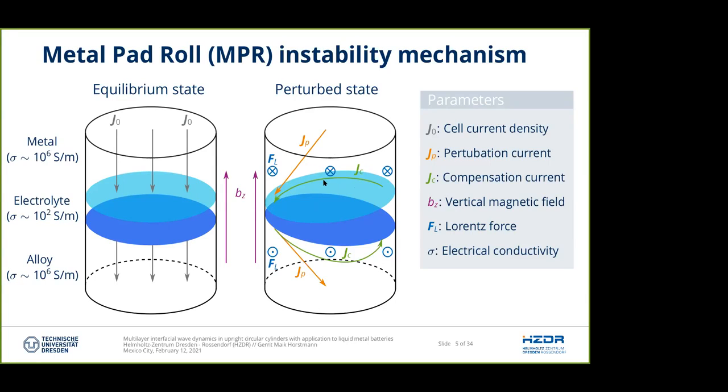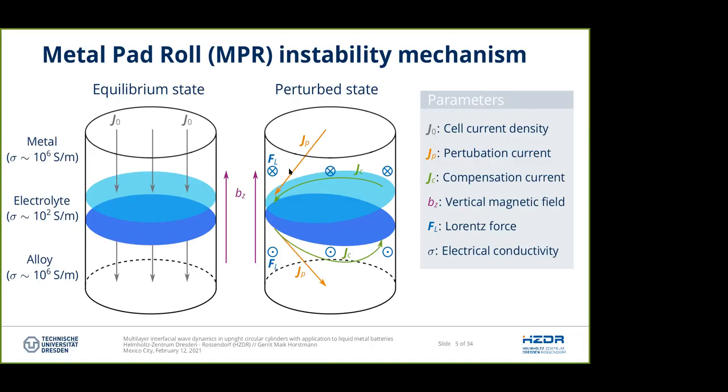And then we have the same situation as before, but only phase shifted by 90 degrees. So the induced Lorentz force density is deflected the same way as the interface, so that in superposition we always find rotational waves to be destabilized by these Lorentz forces.